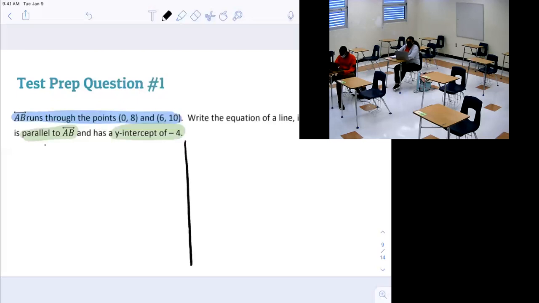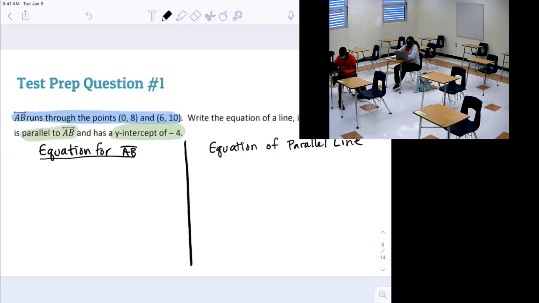I need to know the equation for AB, and I need to know the equation for the parallel line. So this is like a 2-in-1 problem.